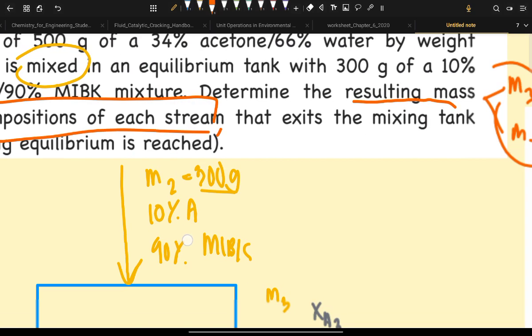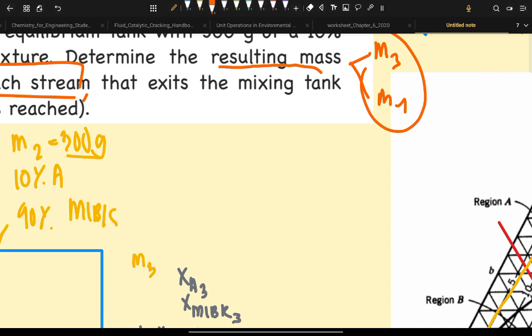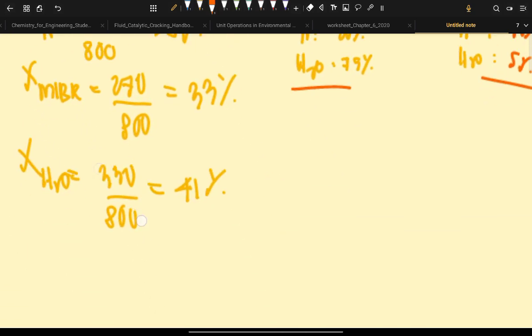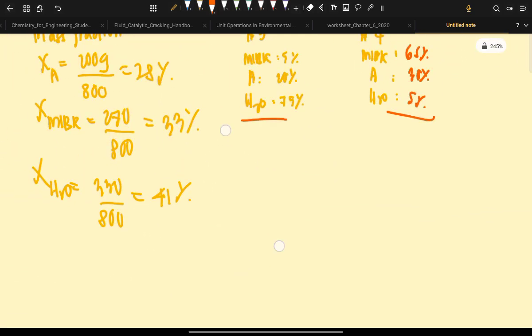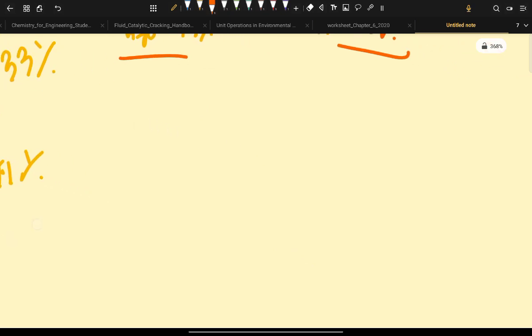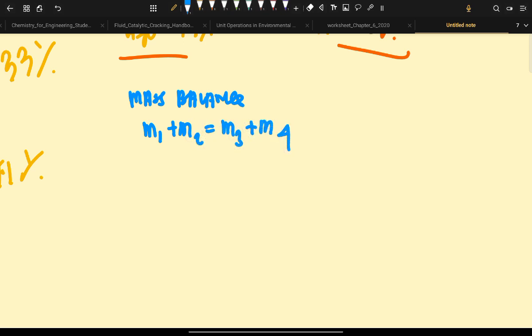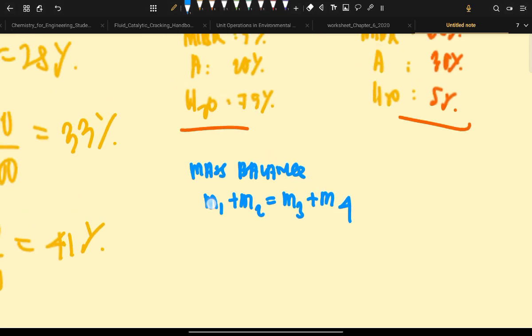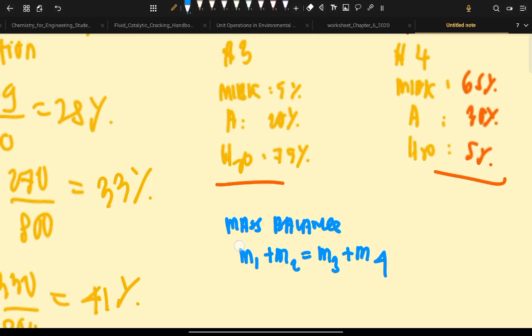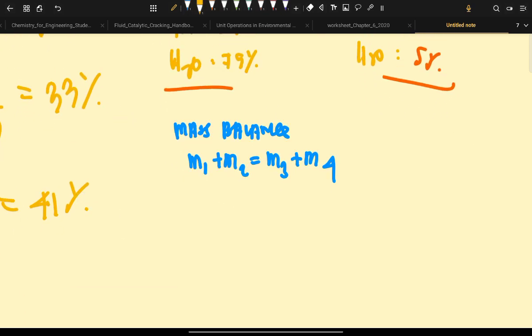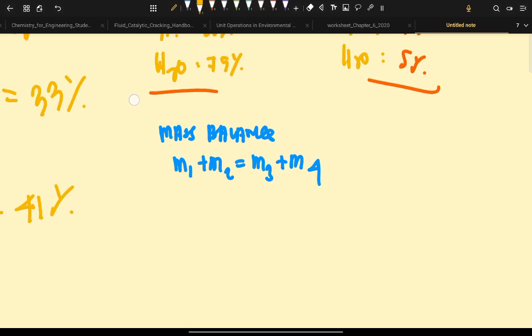Composition, yes. And they want us to find the resulting mass, which is we just use the total mass balance. Okay, mass balance M1 plus M2 equals M3 plus M4. And then we choose any composition that we want because we already have all the information.